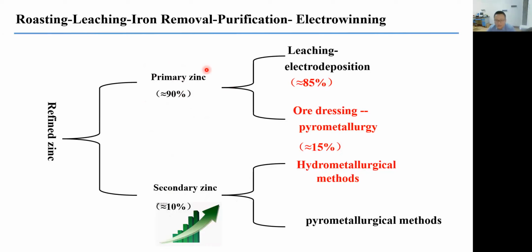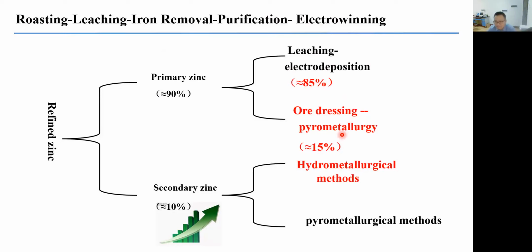production. And for primary zinc production, there are also 2 different kinds of technologies. The first one is hydrometallurgical process. So as I put in this title, roasting, leaching, iron removal, purification, and electrical refining. And this accounts for 85% of zinc production.